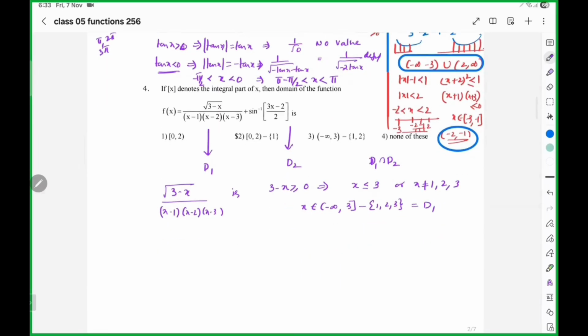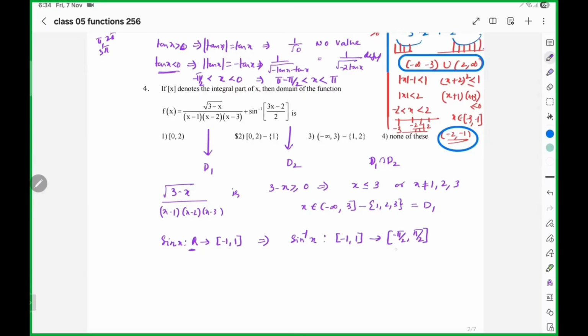Second function, sine inverse. The sine function, you know it. Its domain is R and range is from minus 1 to 1. Sine inverse x will be, but sine is not bijective on R. For existence of an inverse, you should restrict the domain. The inverse exists only if it is a bijective function.